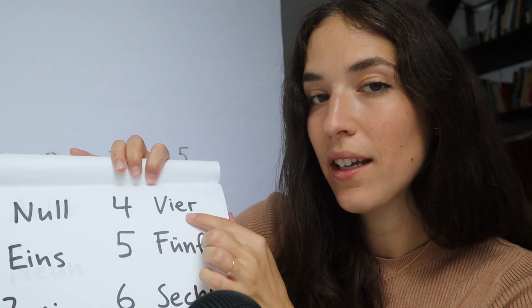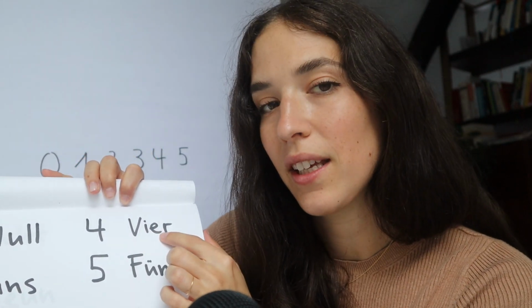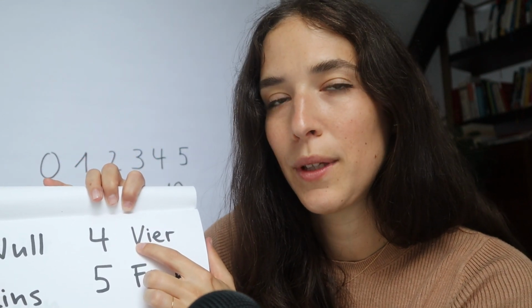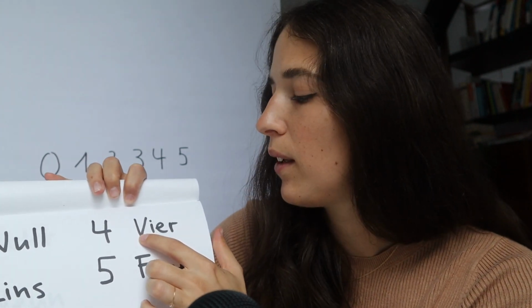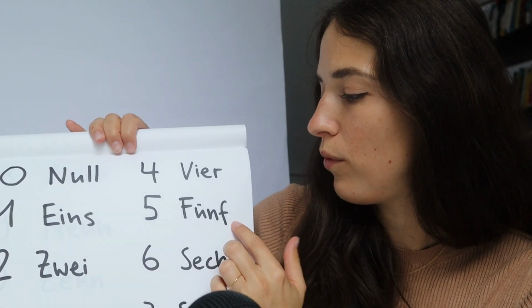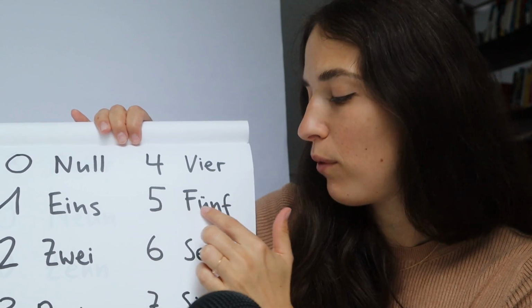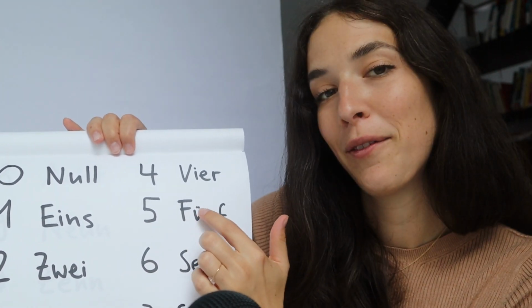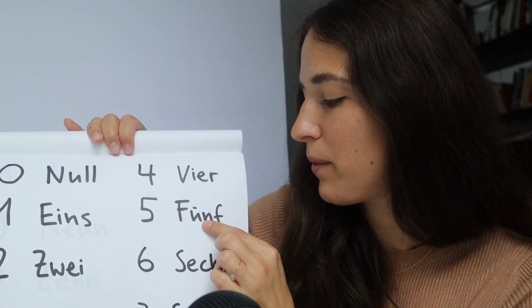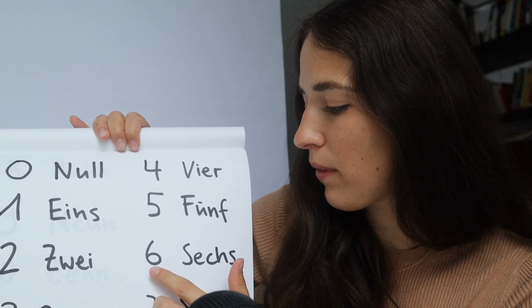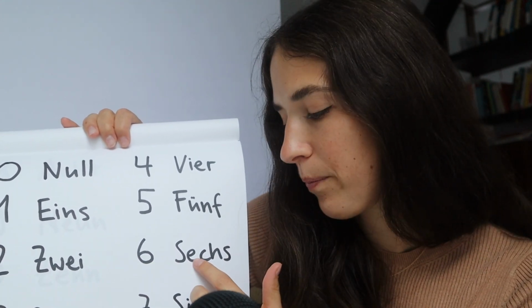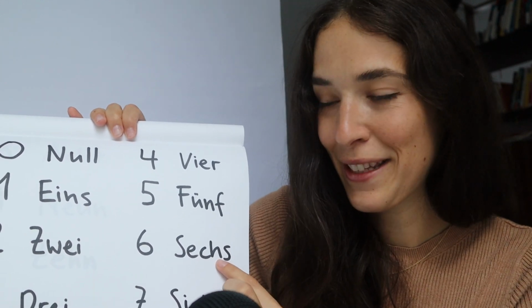Then vier. Again, the V, we say it as F. Vier. Fünf. Okay. Fünf. One of those vowels we talked about, the mutated vowels. Then sechs. And yes, that's how you pronounce it.